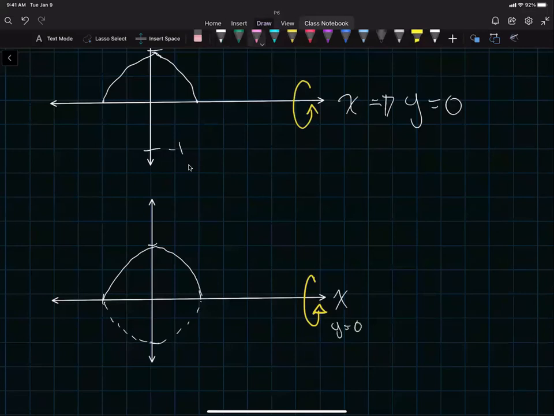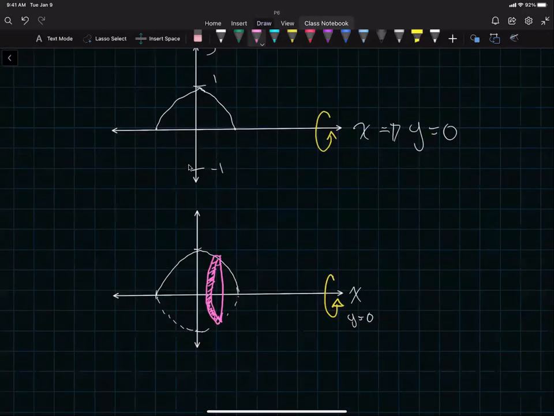And because I'm doing a rotation, then I'm going to have my cylinder like this. Okay, so that's a sample of my cylinder. Again, that's a sample of my cylinder.